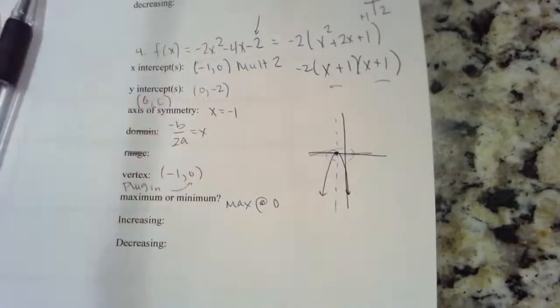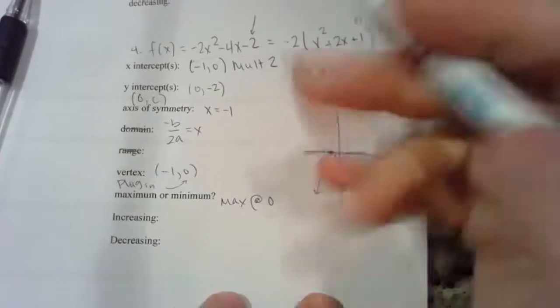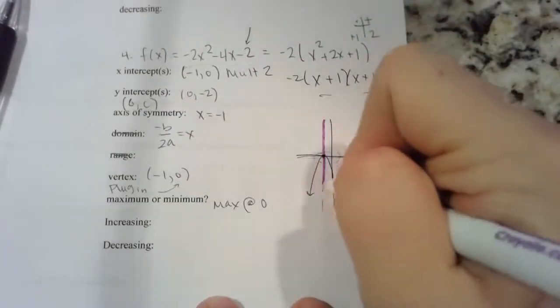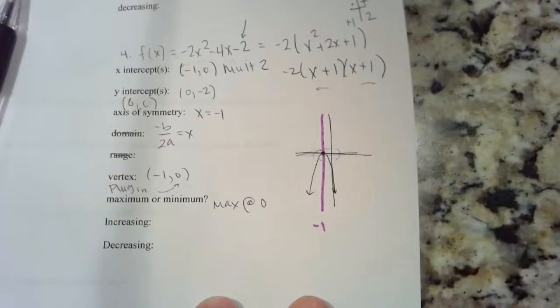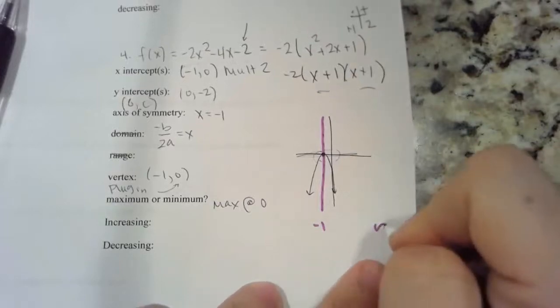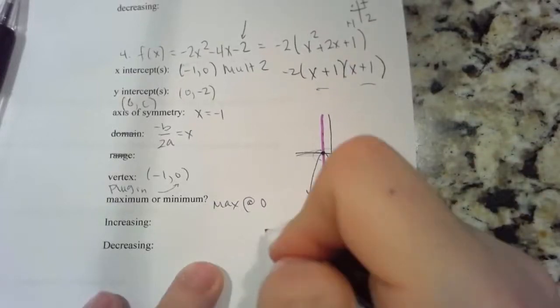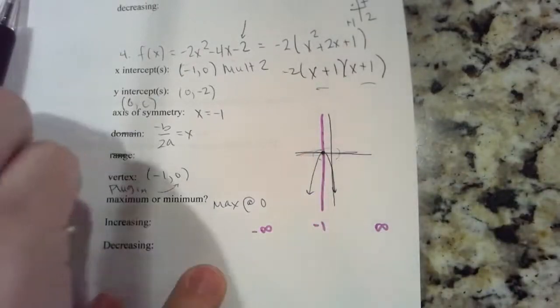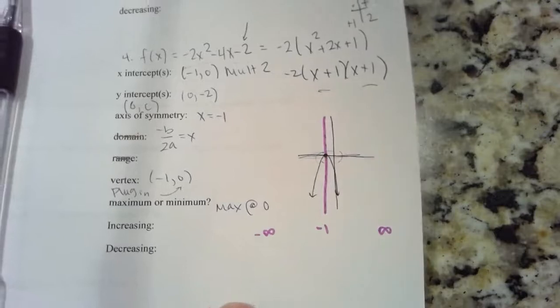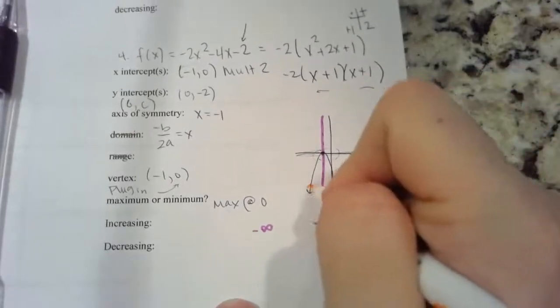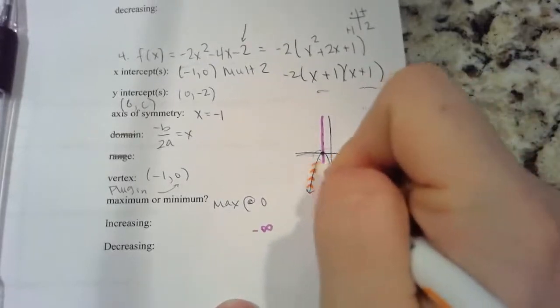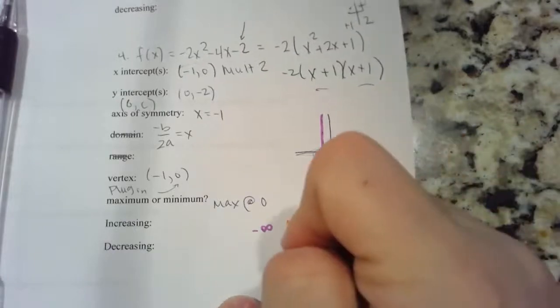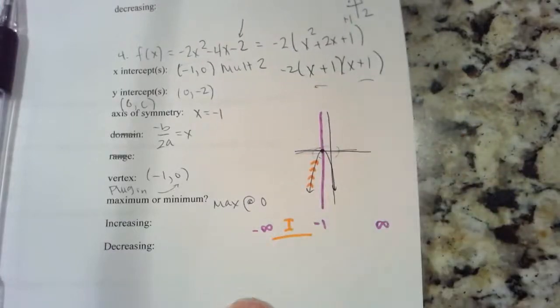Increasing, decreasing depends 100% on the line of symmetry. This is the line -1. On this side I have positive infinity, on this side I have negative infinity. And now we look at the graph. If it was a roller coaster, on this half of the graph I would be going up, so this is the increasing section.